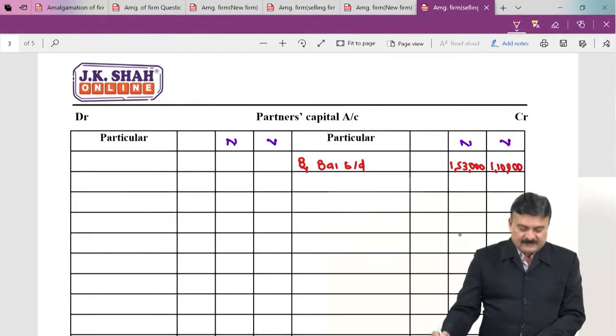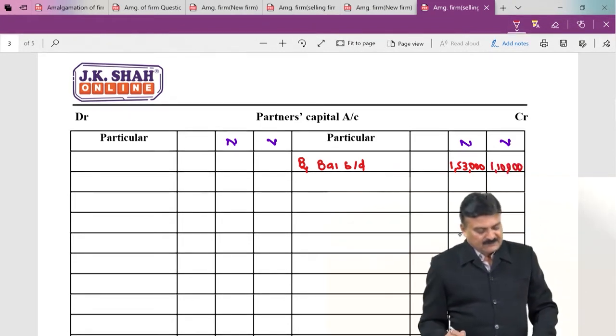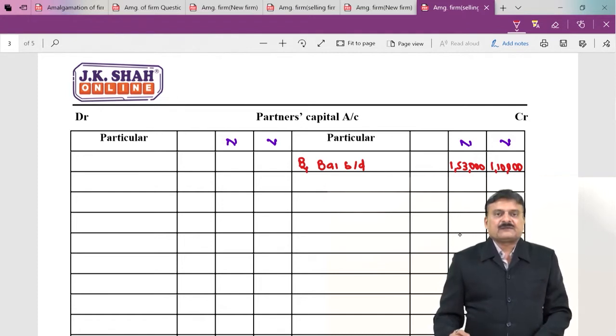Go ahead. Next, Das and Chatterjee will not be affecting now. Creditors 52,000. This creditors of 52,000 has an adjustment. Then on this creditors we are creating a reserve for discount on creditors of 2.5%. Of course, creditors and reserves are shown separately.